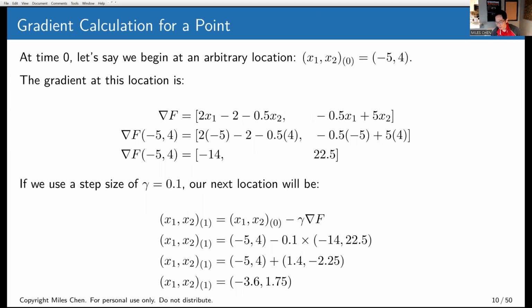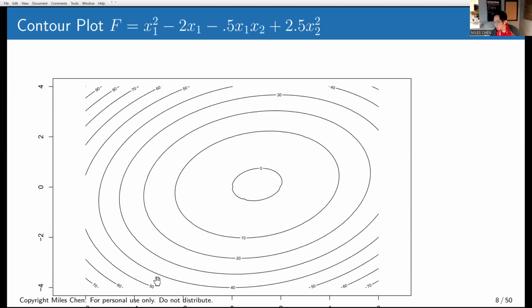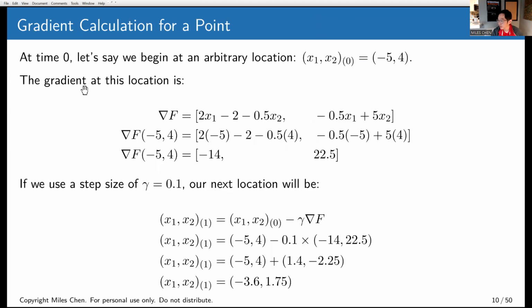Let's say we begin at some arbitrary location, -5, 4. I think that's up here in this corner. What is the gradient at that location? The first component of the gradient is 2x1 minus 2 minus 0.5 x2. I plug in -5 for x1 and 4 for x2, and I get -10 minus 2 minus 2, which is -14.